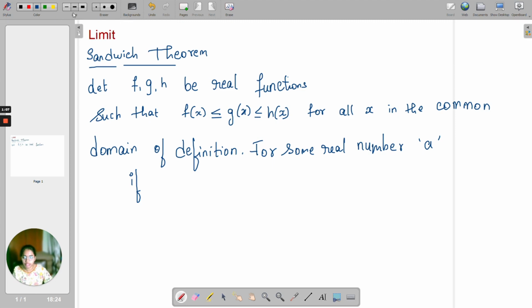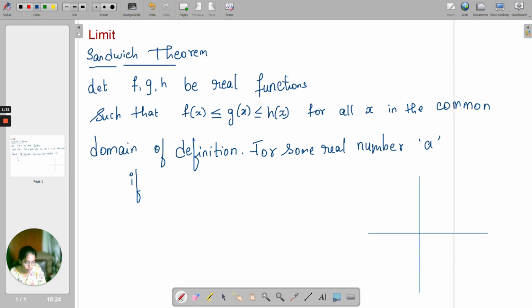For this, let me take a graph. Let me take the x and y axis. They are saying we have g of x that is between f of x and h of x, right?